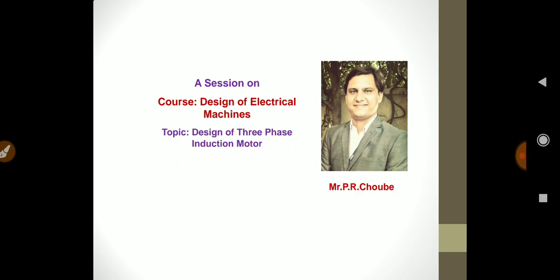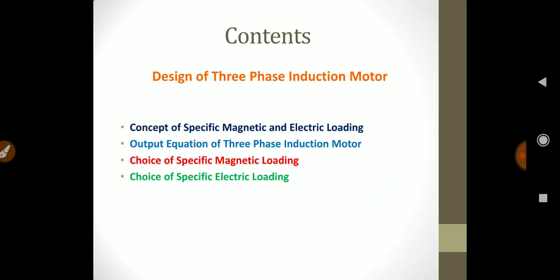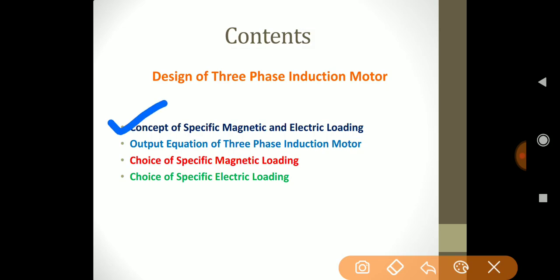In today's session on design of three-phase induction motor, I'm going to talk about the contents shown on the screen. Firstly, I'm starting with the concept of specific magnetic loading and electric loading. These two are very important concepts in design of electrical machine or induction motor.